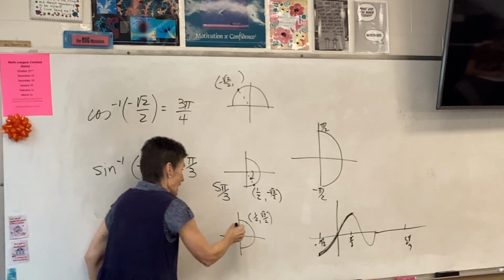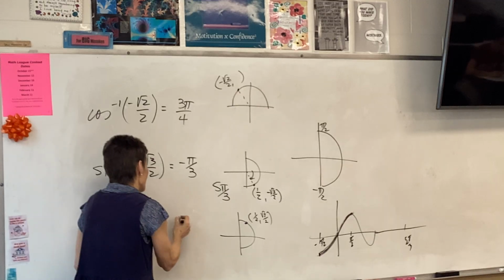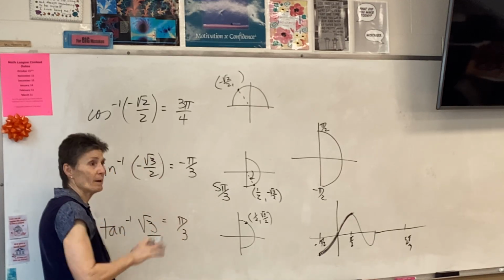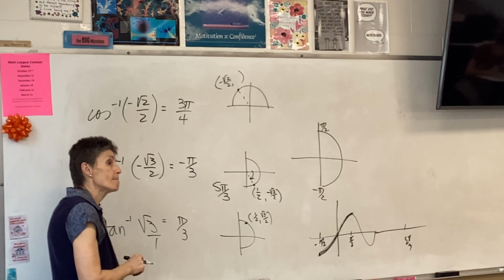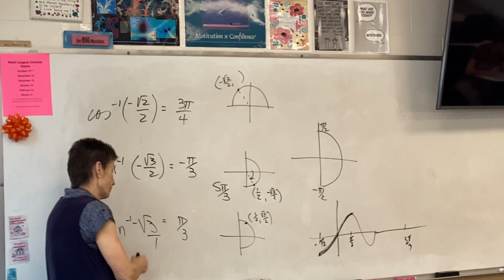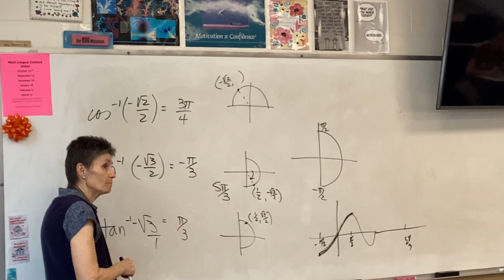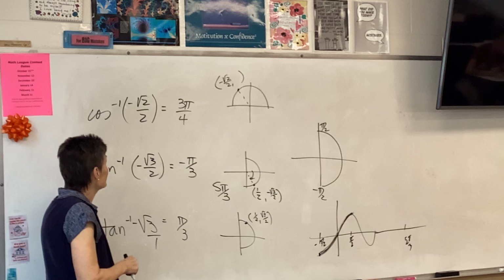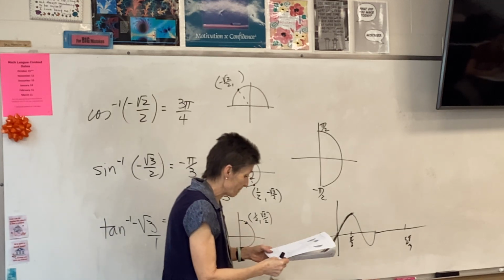And what angle is that? Pi over 3. And we don't have to worry about it because it's positive pi over 3 and that's it. If it was negative root 3, it would be the same as this one, so it'd just be negative. Sine and tangent are handled exactly the same way.